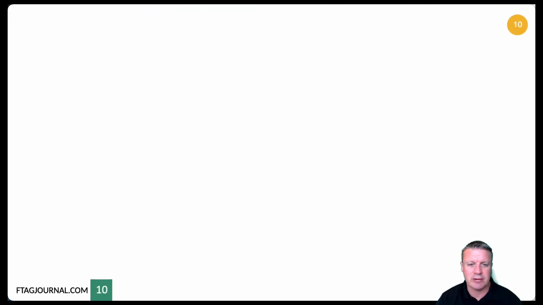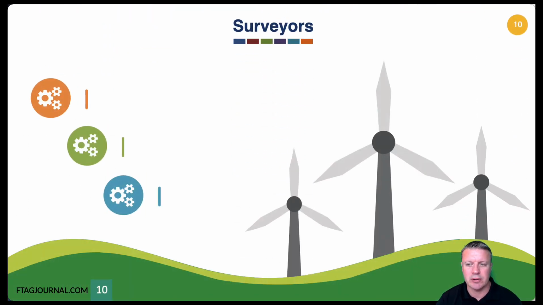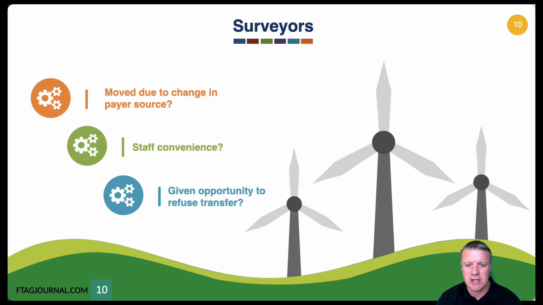So what are the surveyors going to look for? Well, there's really only 3 things that the interpretive guidelines told them to look for: was the resident moved due to a change in payer source, were they moved for staff convenience, and was the resident given an opportunity to refuse the transfer.